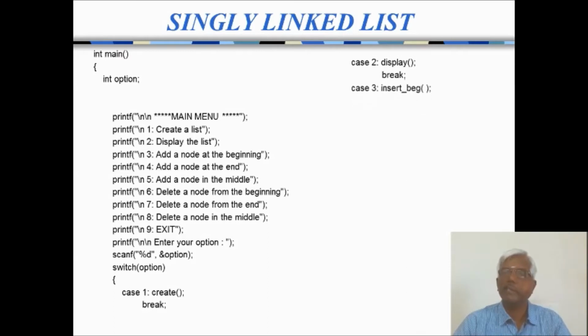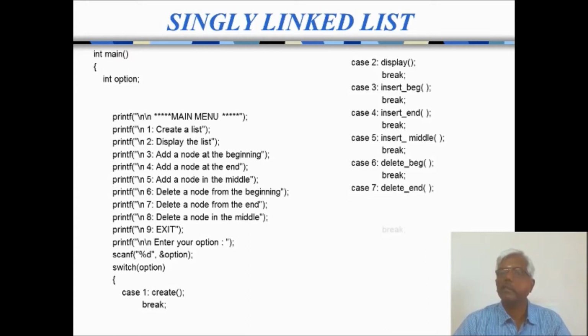Then for case 3, insert beginning, break. Case 4, insert end, break. Similarly, case 5, case 6, case 7, case 8 and case 9. So our switch block is over.